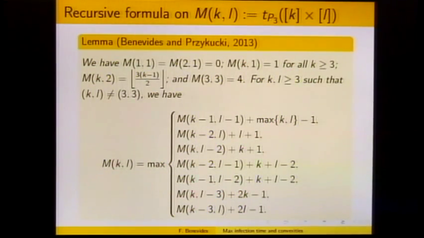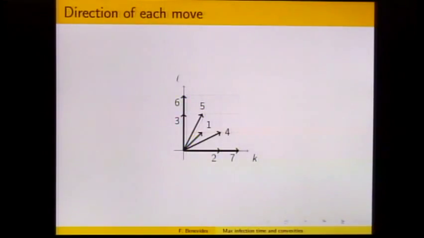What we did was as follows. We think of each of those 7 cases in your recursion as a direction in which you can grow your rectangle.